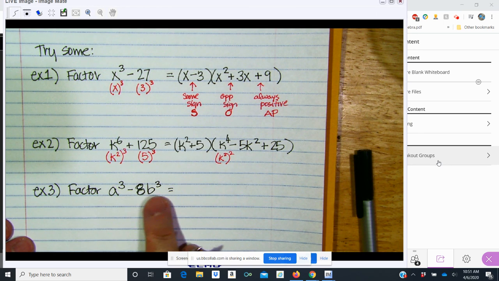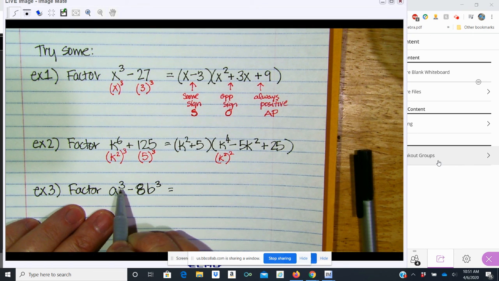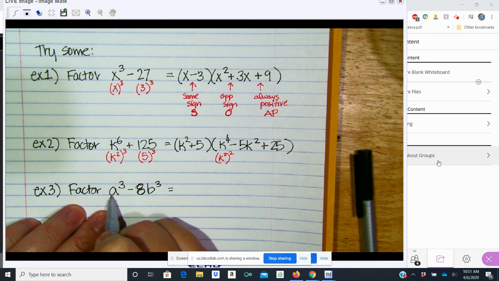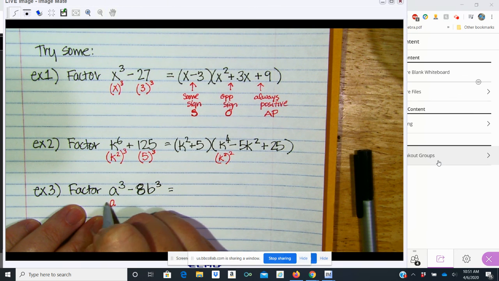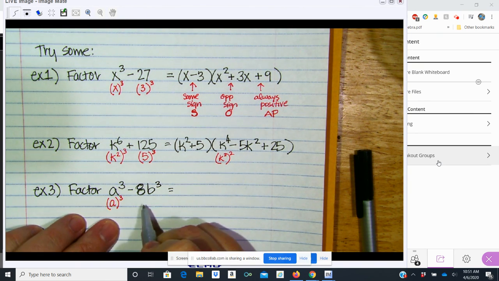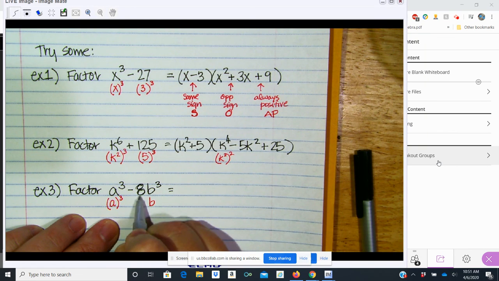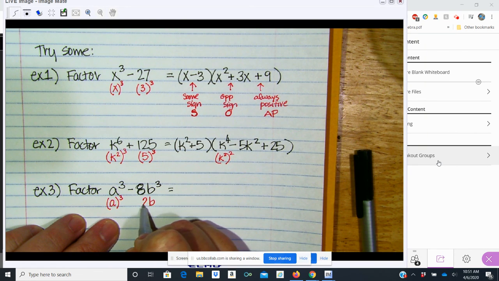I have two terms with a difference. Since this is a to the third power, I recognize this as an a cubed. Since this is a b to the third power, I recognize it as b cubed and 8 as 2 cubed.